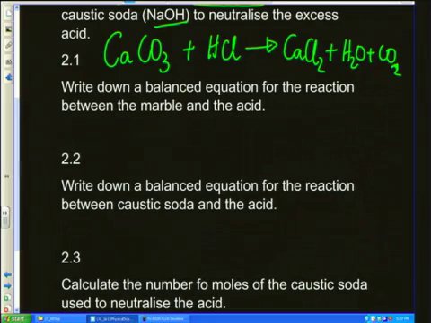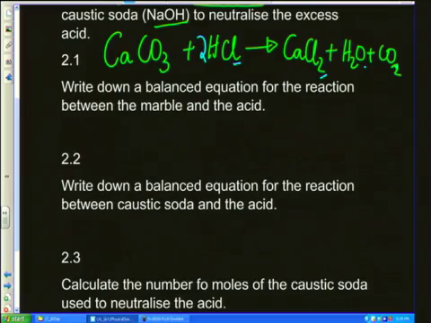Right, now balancing it out, you had calcium 1, C1, C1, I'm fine. But then I have a problem with the hydrogen and the Cl, because I've got 2 on the right, I've got 1 on the left. So I'll put a 2 there, 2 hydrogens on the left, 2 hydrogens on the right, 2 Cls on the left, 2 Cls on the right, and 1 calcium, 1 carbon, 1 carbon, 3 oxygens on the right.